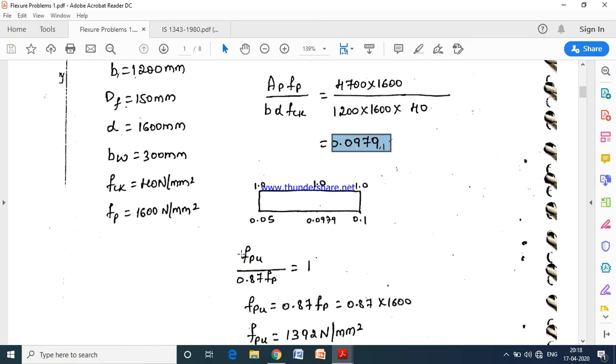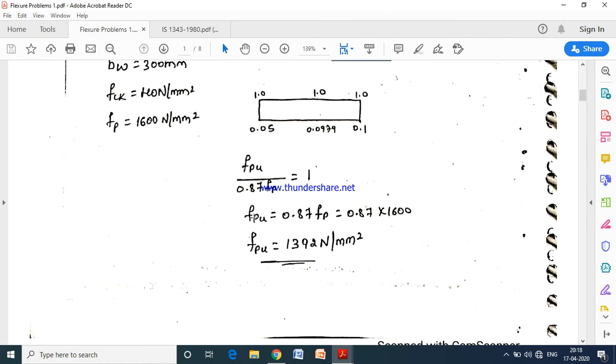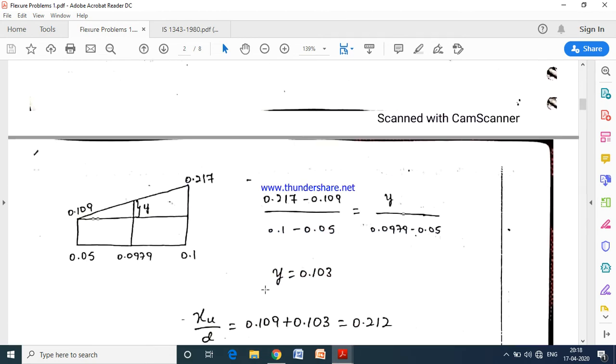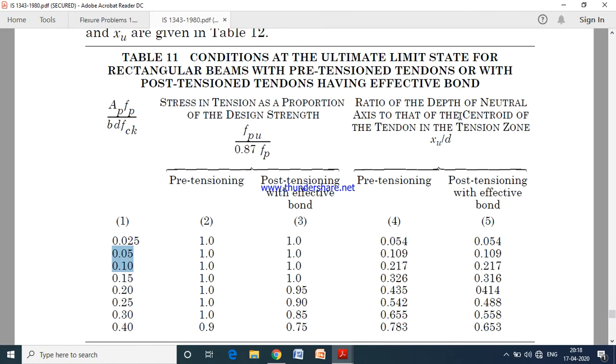So this FPU by 0.87 FP ratio we will get 1 from code book, and FP value we know. So by substituting FP value we can calculate FPU, it is 1392 Newton per mm square. And next, to find out XU by D ratio, again refer same table here.